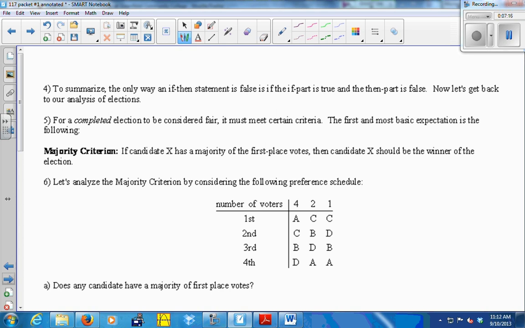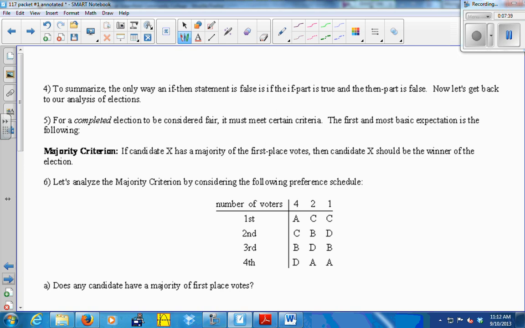For a completed election to be considered fair, it has to meet a few certain criteria that many political scientists and mathematicians and the general population agree are important criteria to consider an election fair. The first and most basic expectation is called the majority criterion.